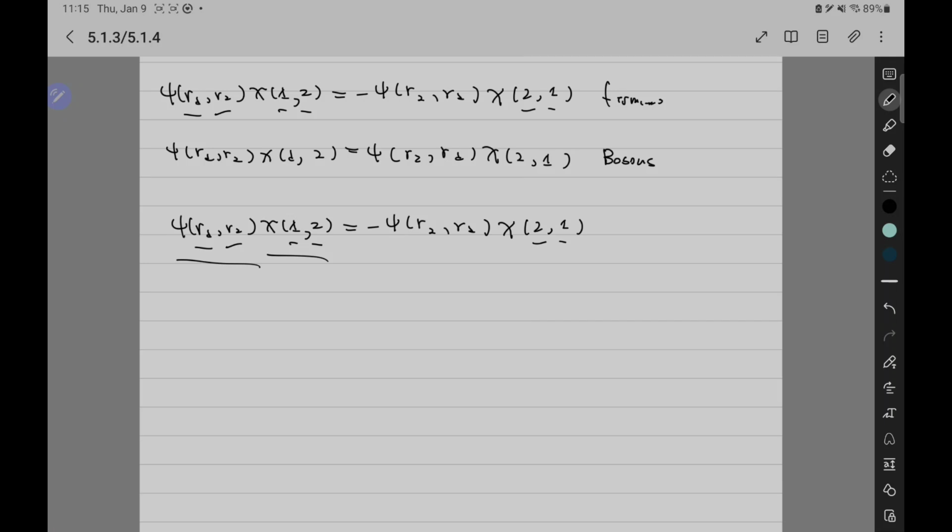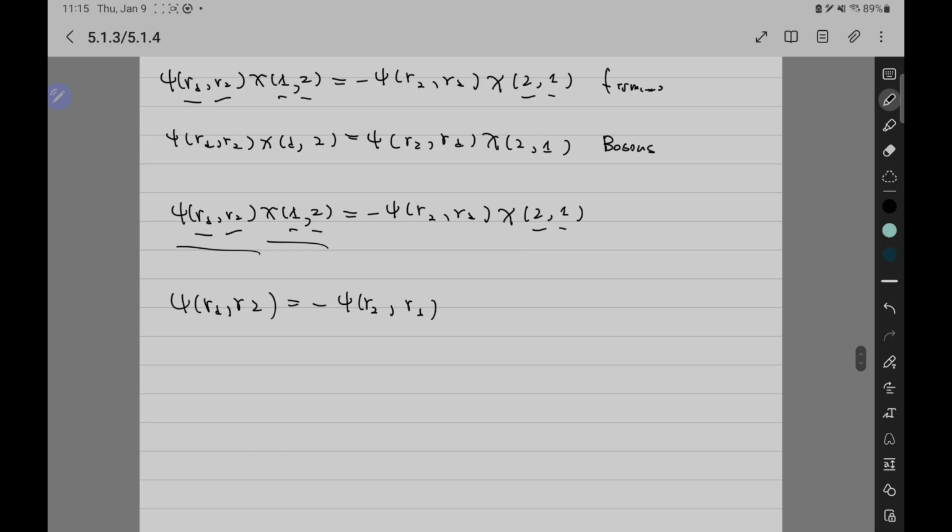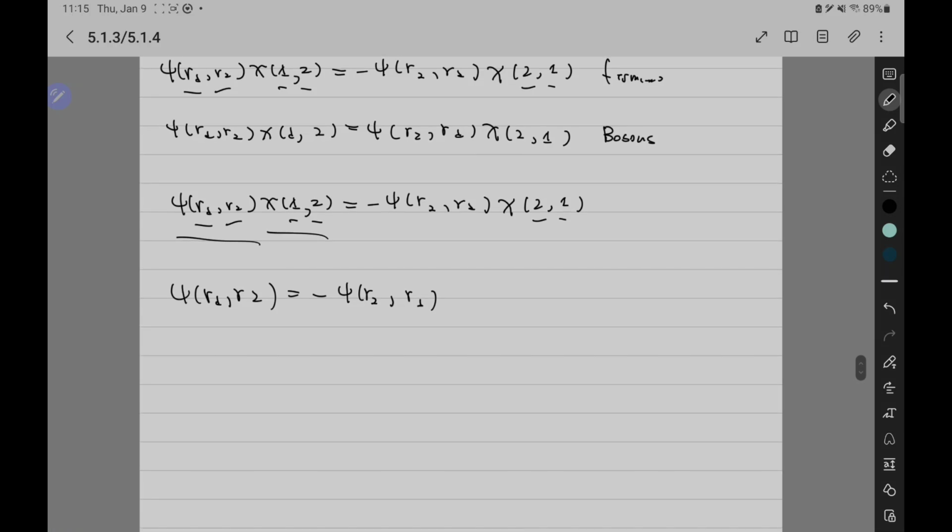And there's a reason for that. Remember, for r1, r2, if it is anti-symmetrical, it is equal to negative r2, r1. So for the case of a fermion, if phi of r1, r2 is anti-symmetrical, you will end up with a negative over here.